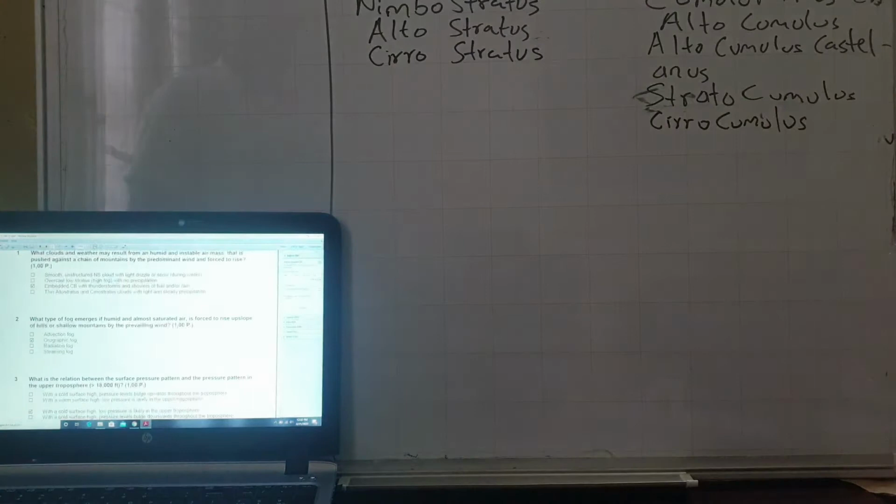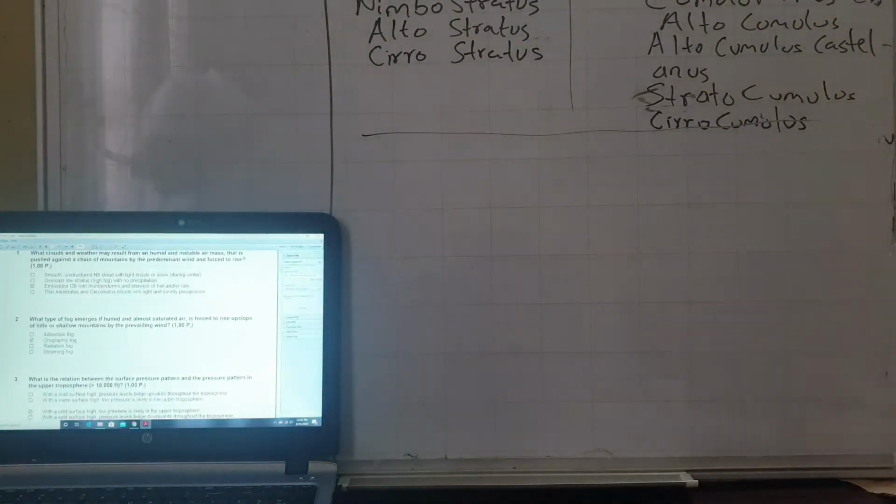So those are the main two types. This is one of the ways that clouds can be categorized.